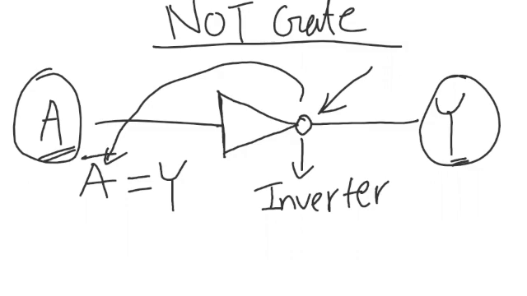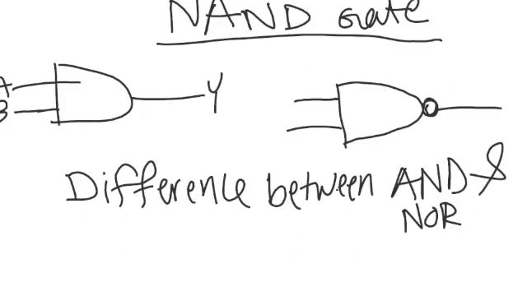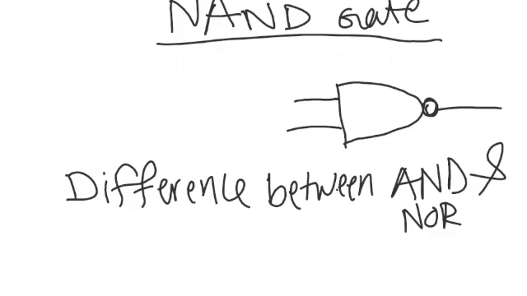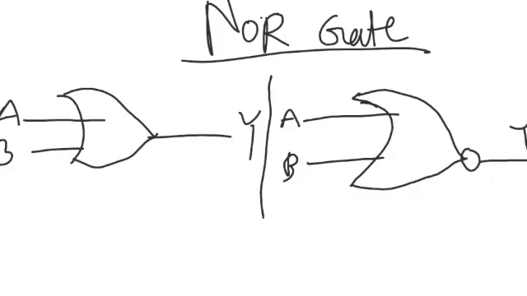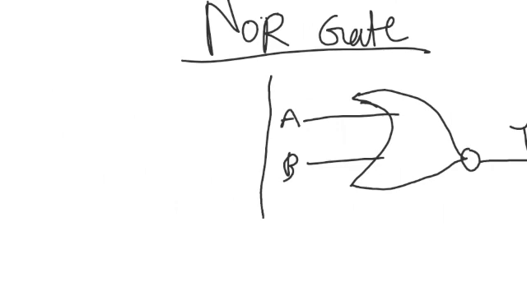Next is the NAND gate. As I said, when there is a bubble, this inverter, you have to make sure there's a bar over the equation. So this is A, this is B, and this is Y. The equation for the NAND gate is AB with a bar equals Y. For the NOR gate, there is an inverter.